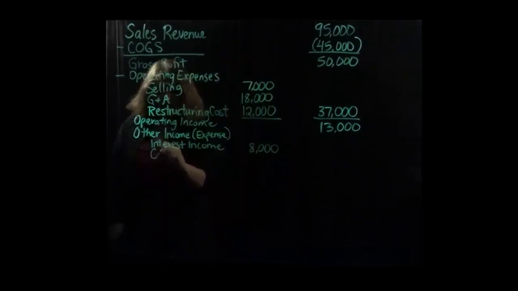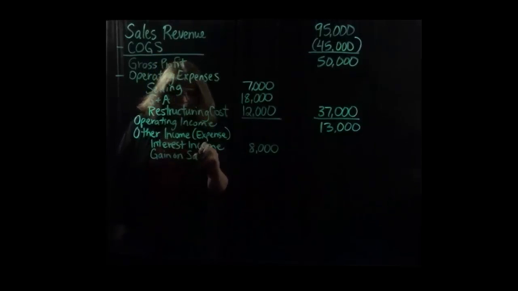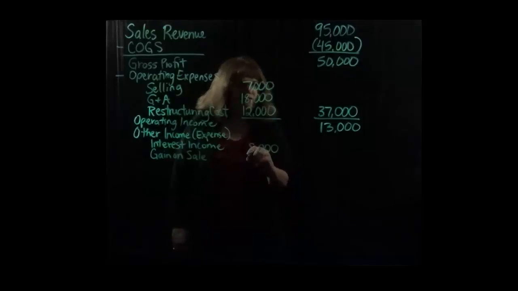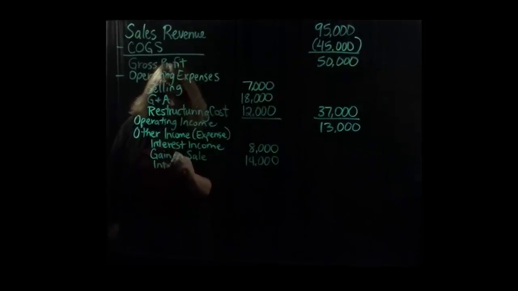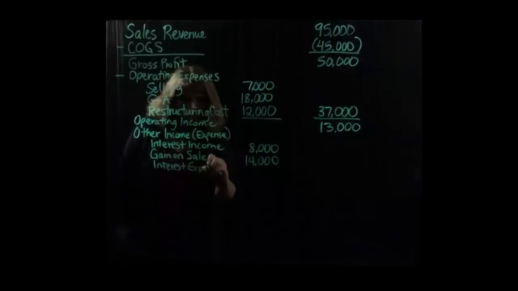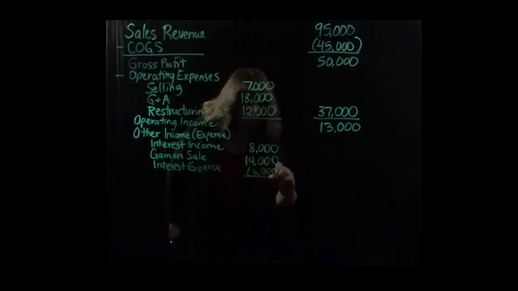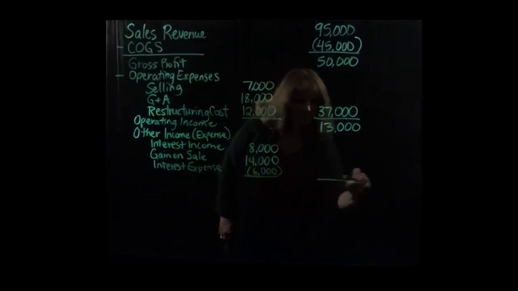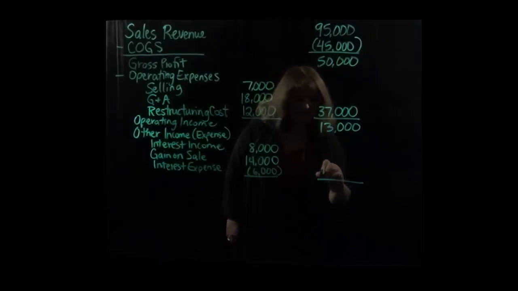Then we had a gain on a sale of an investment, and that was $14,000. And then we had interest expense for $6,000, which is going to be a subtraction. If we net those together, those give us a total other income of $16,000.